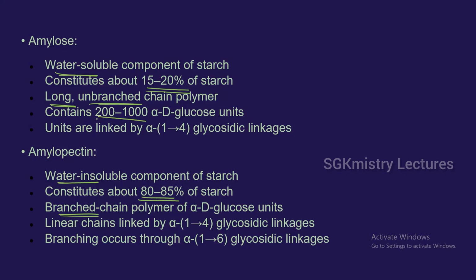Amylose contains around 200 to 1000 alpha D glucose units joined together in a straight chain. In amylopectin, linear chains are linked by alpha 1,4 glycosidic linkages. Branching occurs through alpha 1,6 glycosidic linkages. In case of amylose, it is only alpha 1,4 glycosidic linkage that is formed.